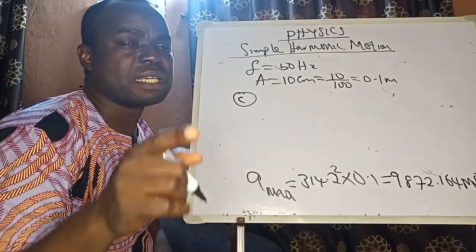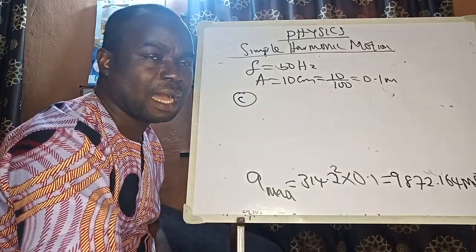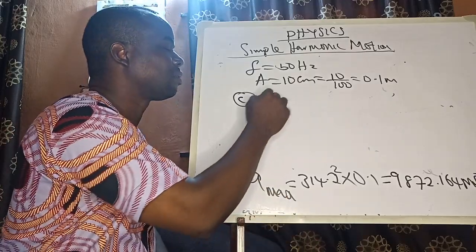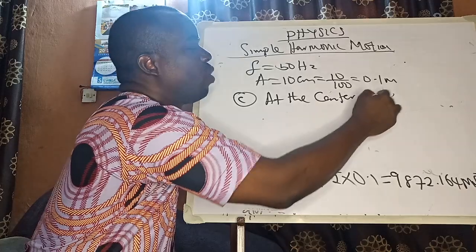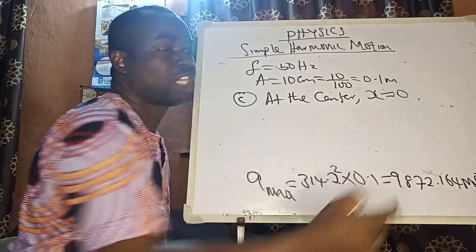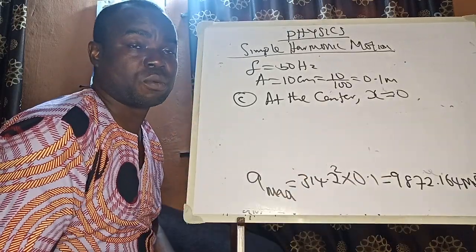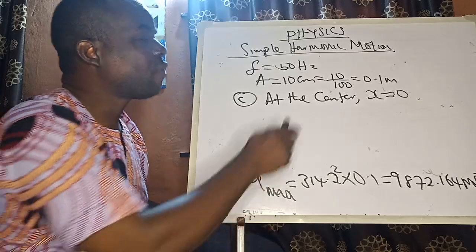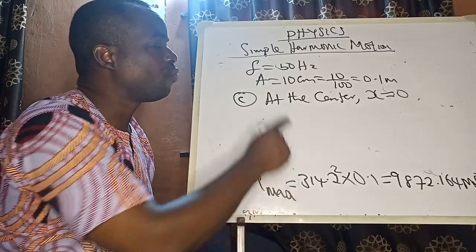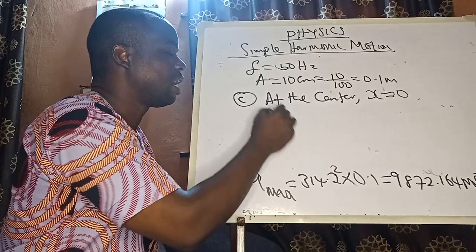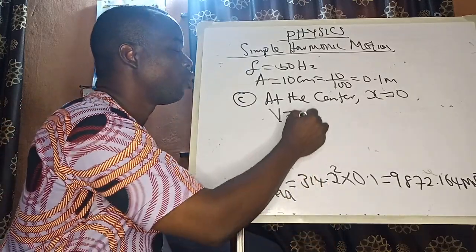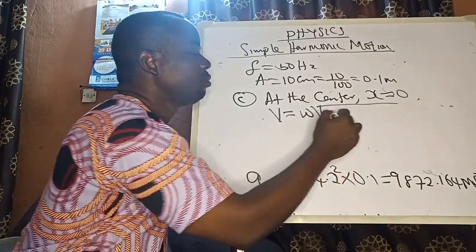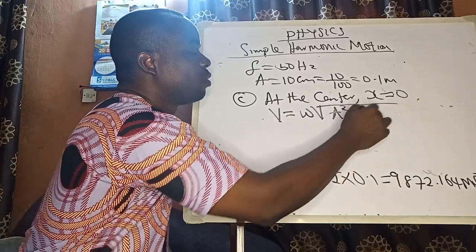And if you check those formulas I gave you, at the center, once you hear at the center, your x is equal to 0. Check your formulas. It's among those formulas that I gave you. And if our x is 0, and you're supposed to find velocity at the center, once you hear that at the center, the formula is w root a squared minus x squared.